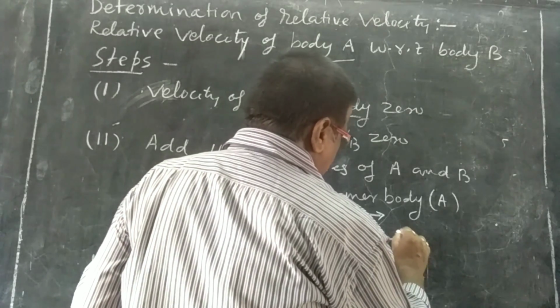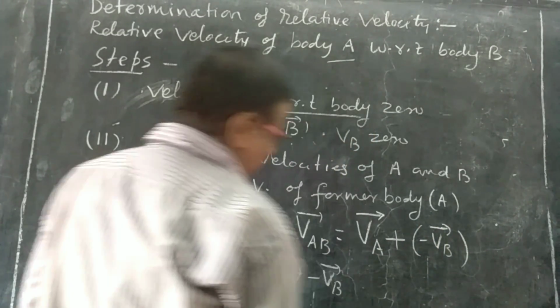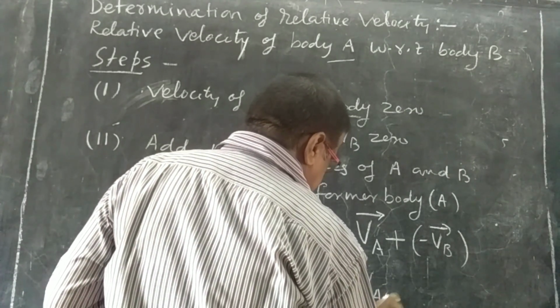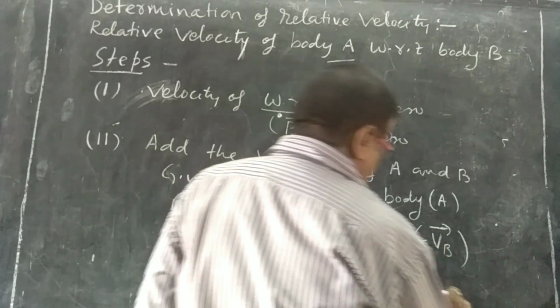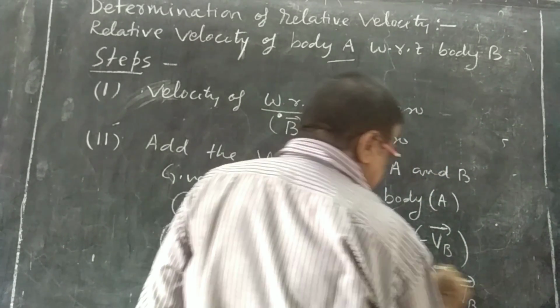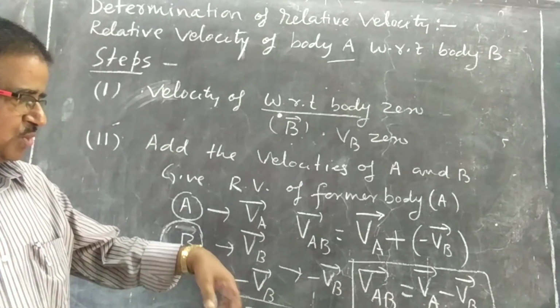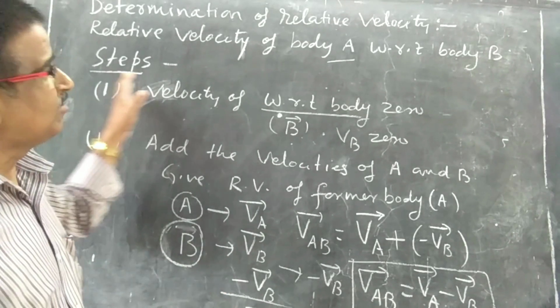Here you have to sum up minus VB. So what we are getting here: VAB is equal to VA minus VB. VA minus VB is the relative velocity of A with respect to body B when both are moving in the same direction.